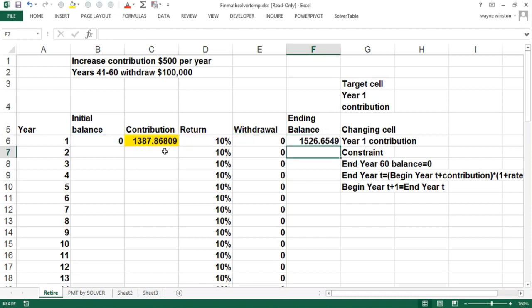Okay. Now the contribution every year will go up $500, we're going to say for 40 years here. So I'll take this contribution plus 500, and that's going to go through year 40.